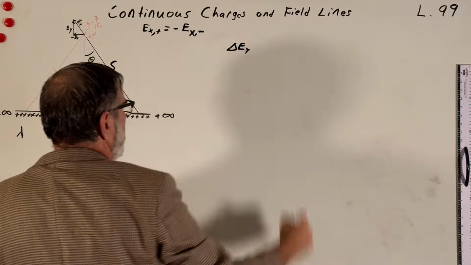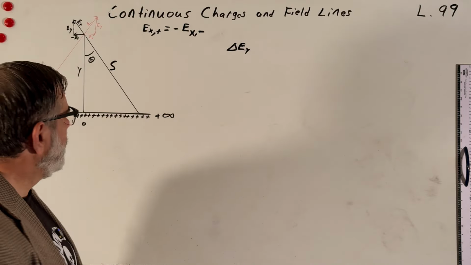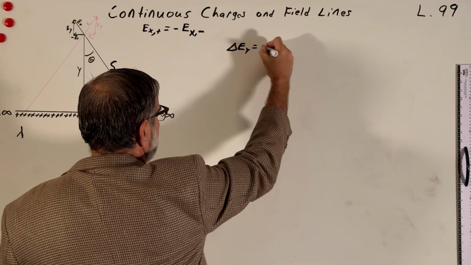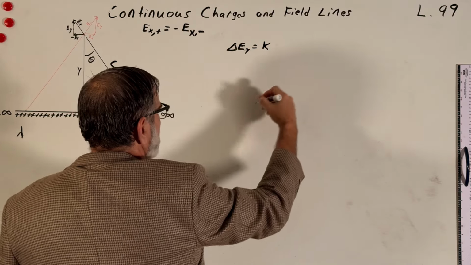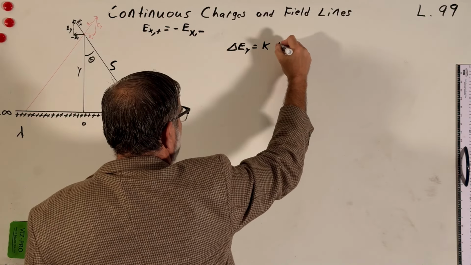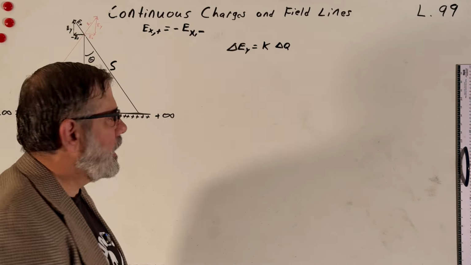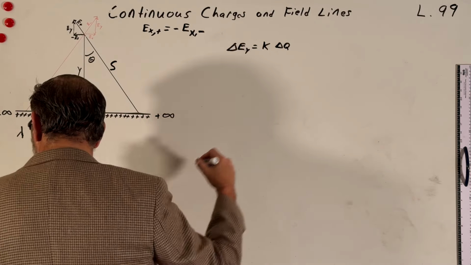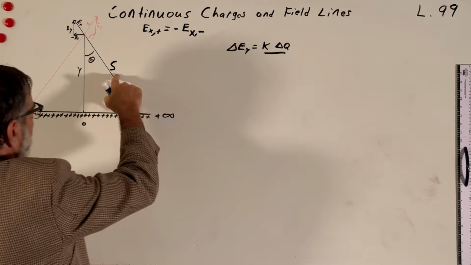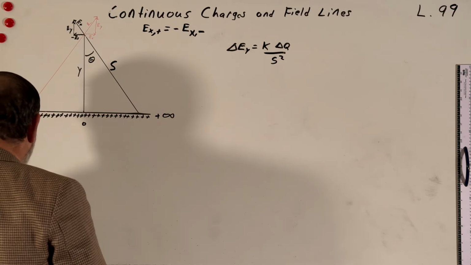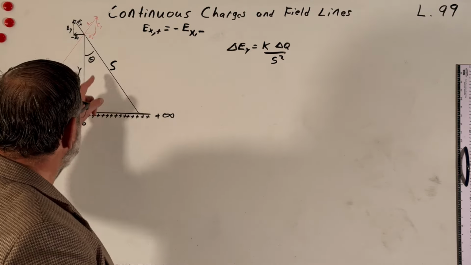So this little bit of field that we get in the y direction from this section here, or any particular section, is going to be equal to k, the proportionality constant, times some delta q, the bit of charge that's in this region we're looking at, divided by this length right here, s squared, times the cosine of theta.